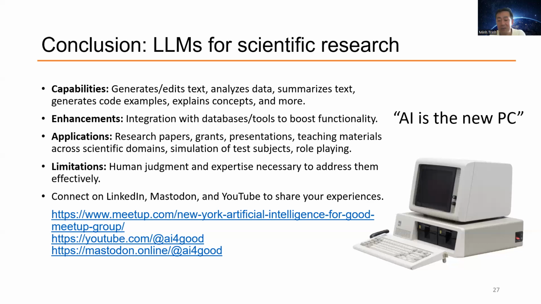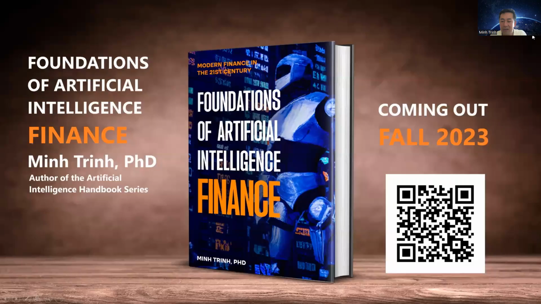Who works without a computer, at least in research? It's really everywhere. So AI is going to be that. Here I'm just advertising a book. But that's it, and I'm going to stop sharing my screen.